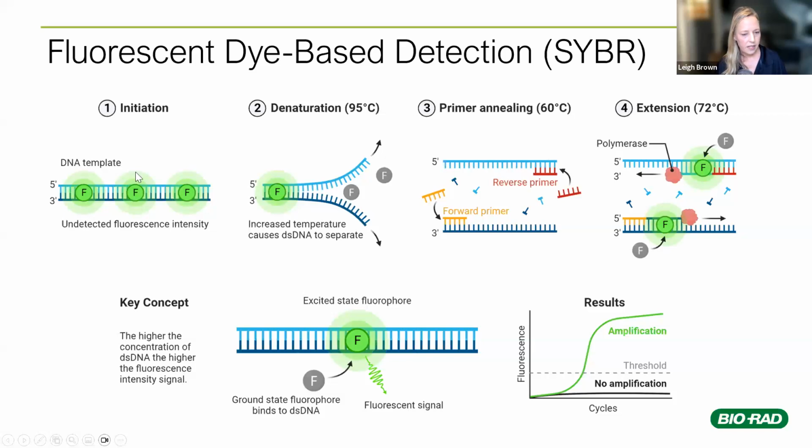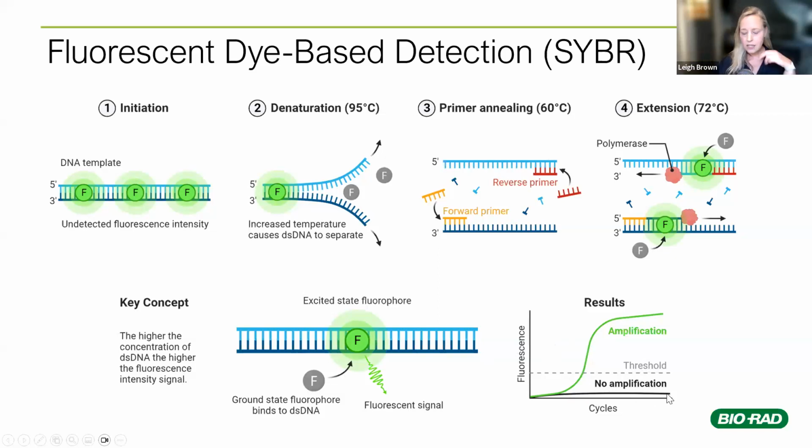And that causes the fluorescence. So the key concept here is basically the higher the concentration of double-stranded DNA you have, the higher the intensity of fluorescent signal you have, right? More double-stranded DNA means more of this fluorescent signal. And you can kind of see that over here on the right. So we don't have any amplification here.